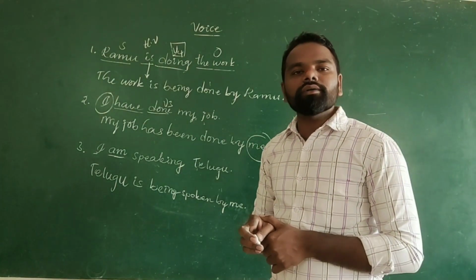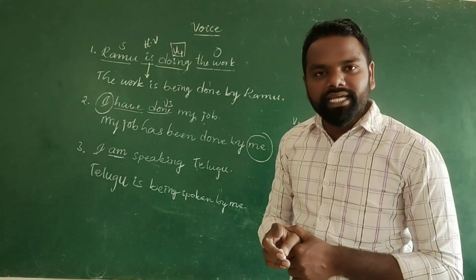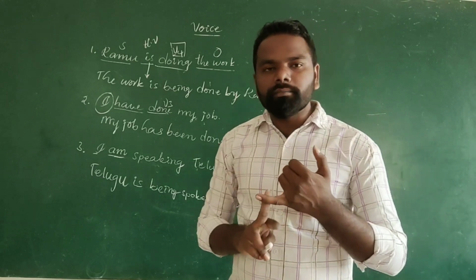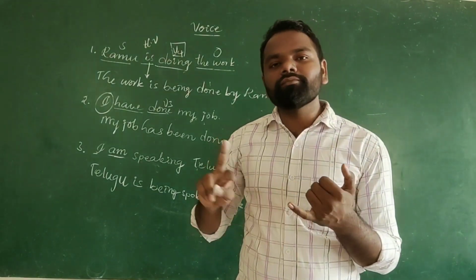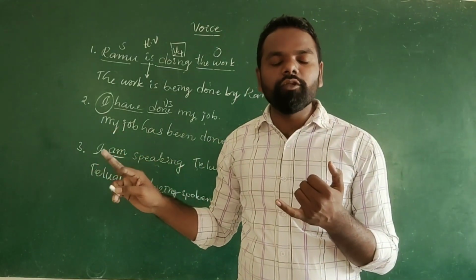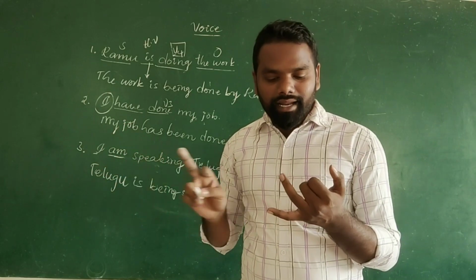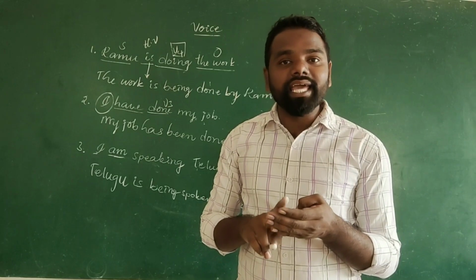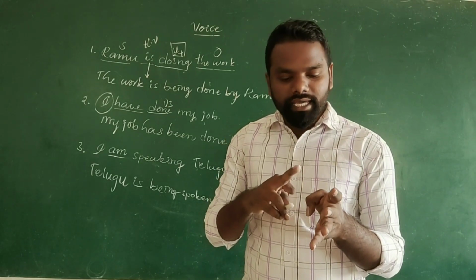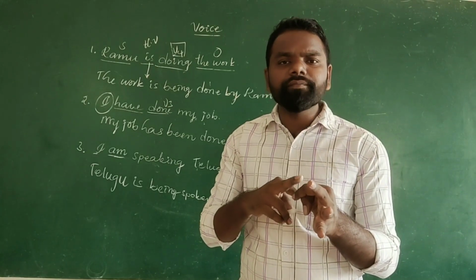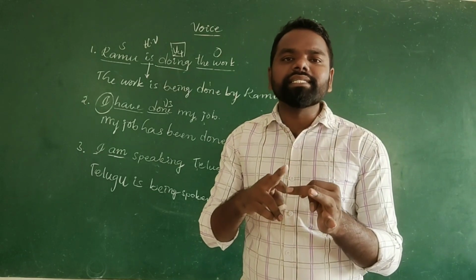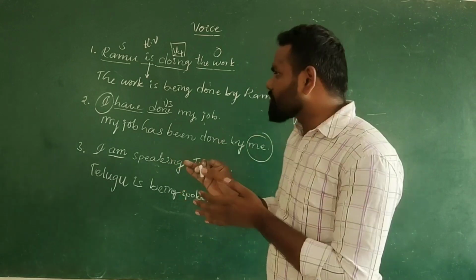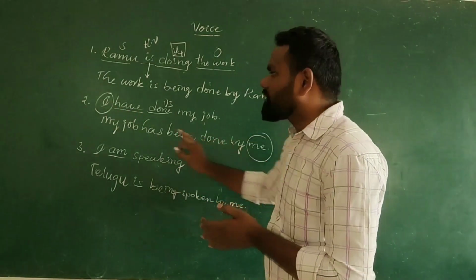Actually, they are called subjective pronouns as well as objective pronouns. Suppose the subjective pronoun is I. When we come to the objective place, it will be me, like we, us, you, they, them, he, him, she, her, it.